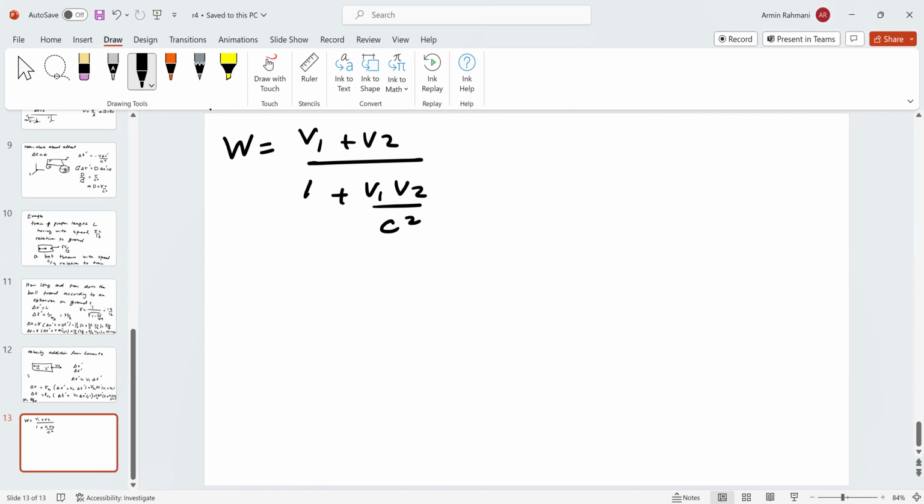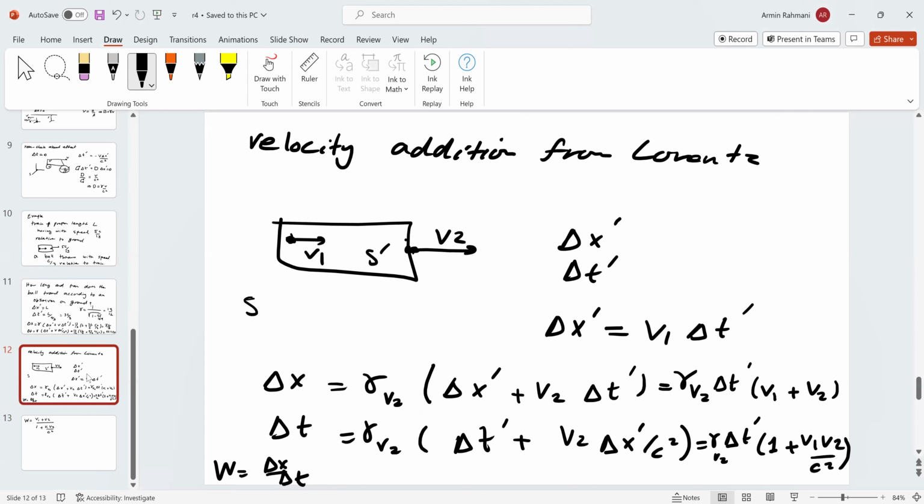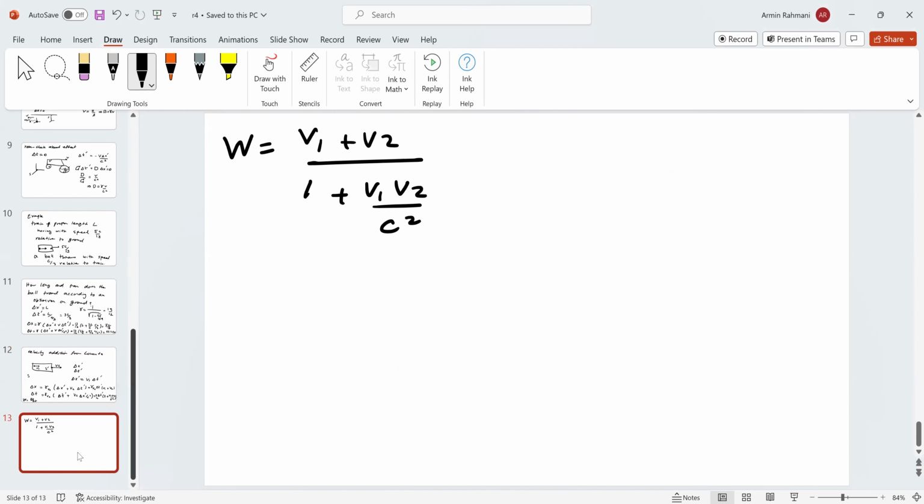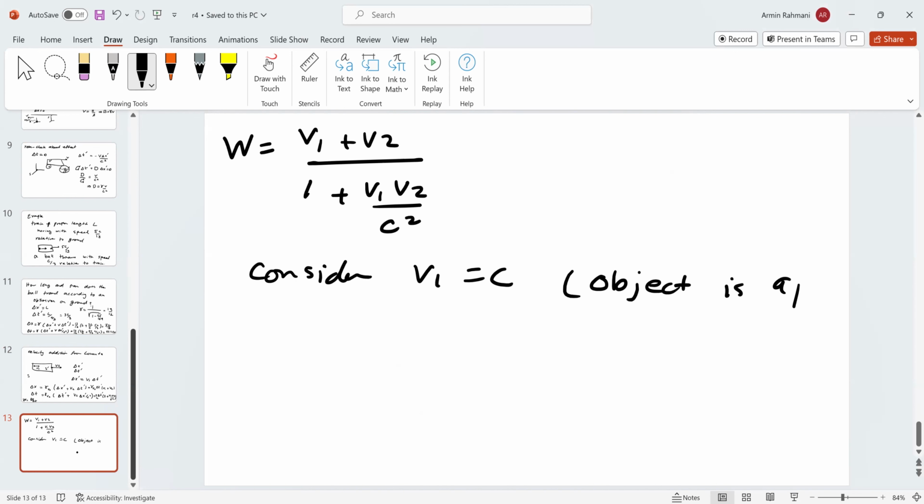We can see that, for example, if that V1 is c, something is moving with the speed of light. So consider v1 equals c. Object is light, or is a photon.